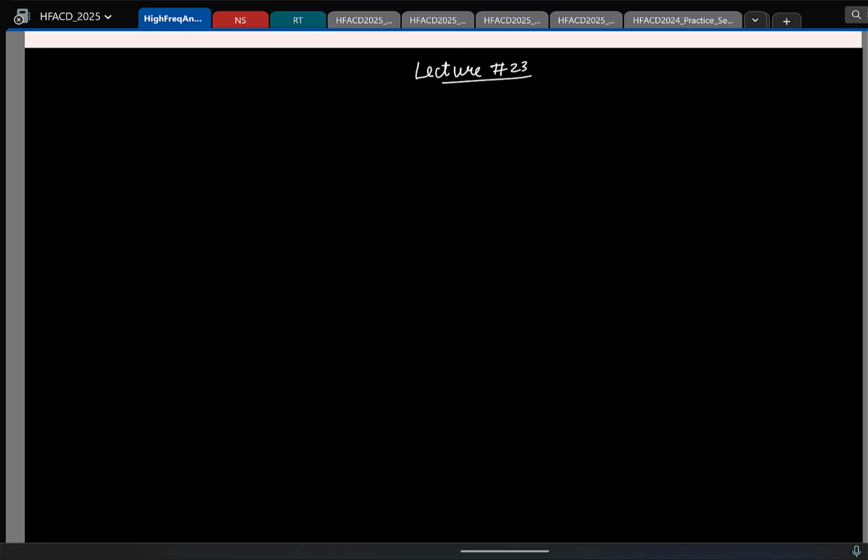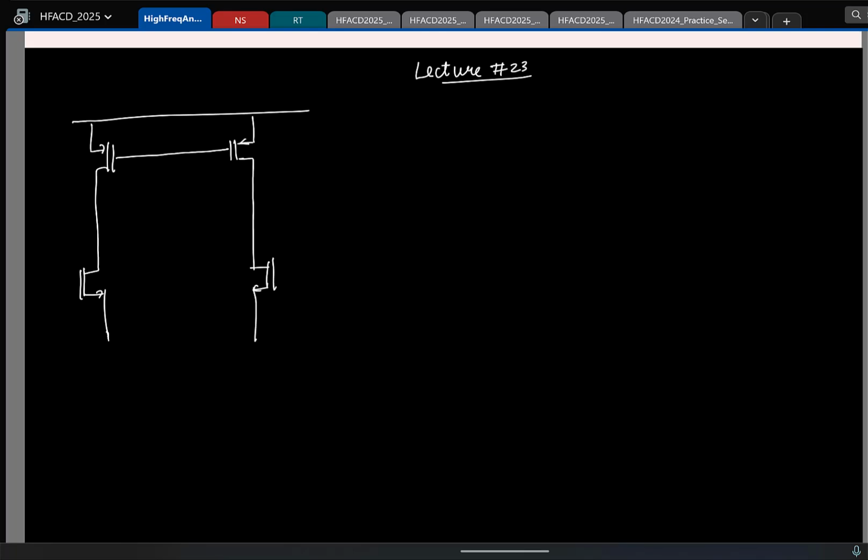So let me first draw the schematic. This is the fully differential op amp we have.